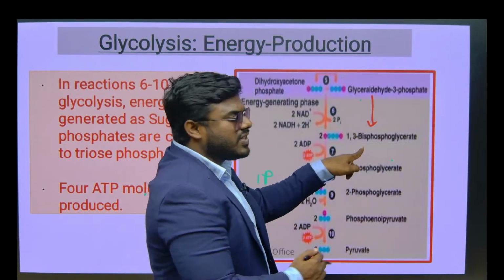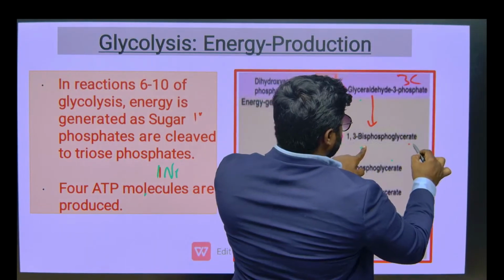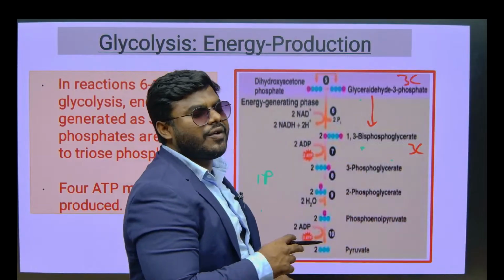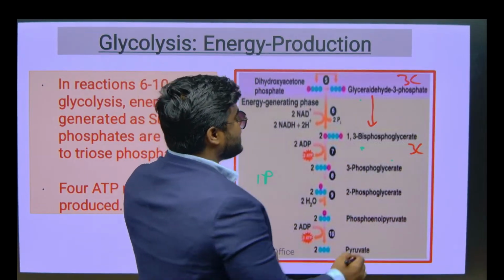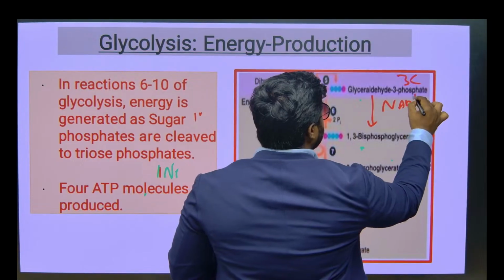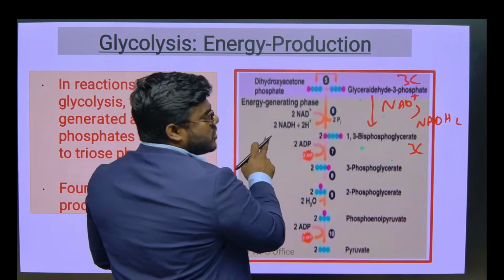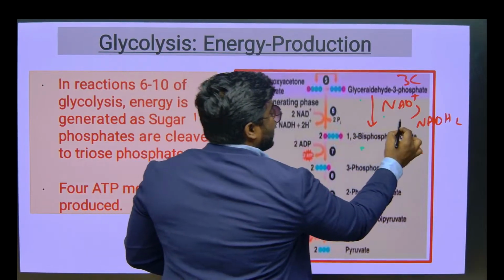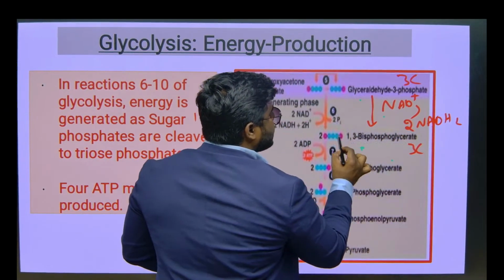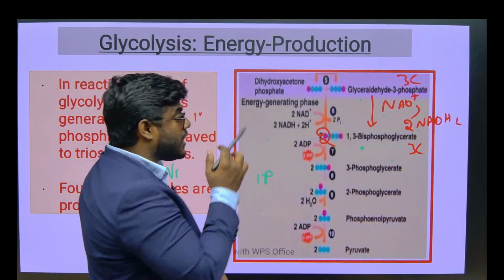There is no change in the carbon number. This is 3 carbon, this is also 3 carbon, but what reaction is it? Reduction. Since it is a reduction, NAD plus is reduced to NADH2. So I produce 1 here, and I will also produce 1 here. So I am directly writing 2 NADH and 2 1,3-bisphosphoglycerate.